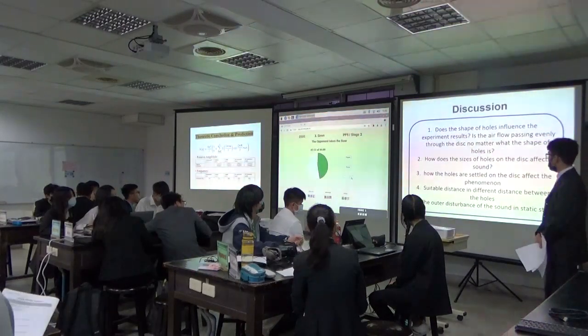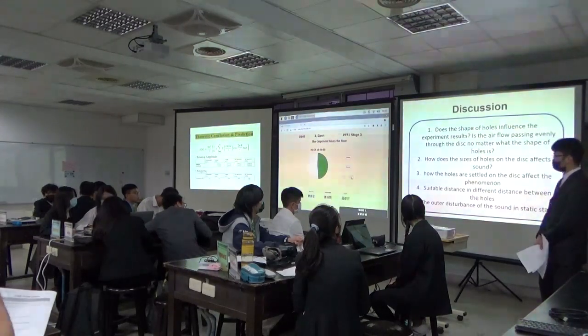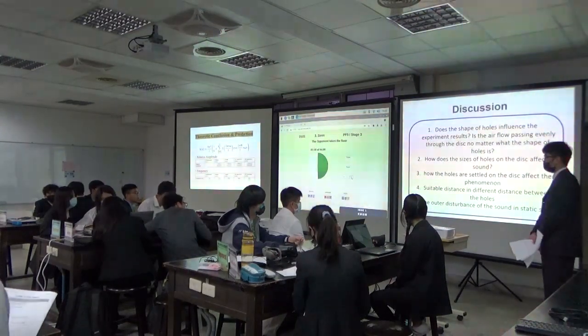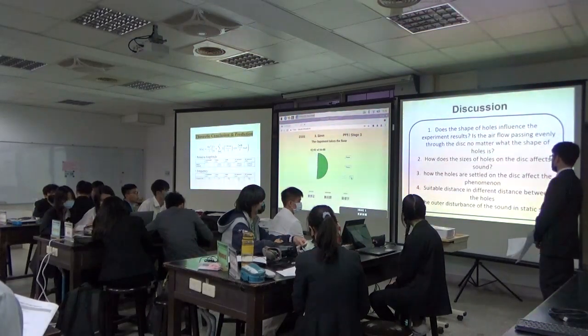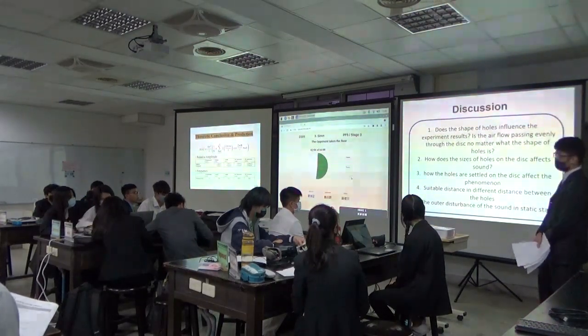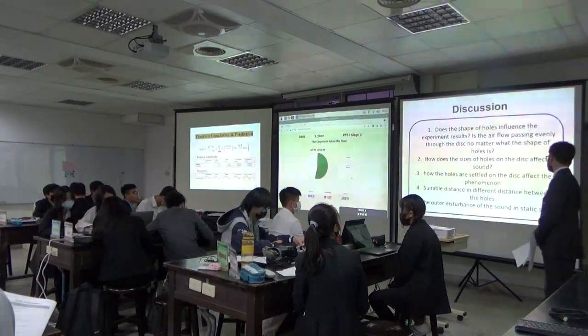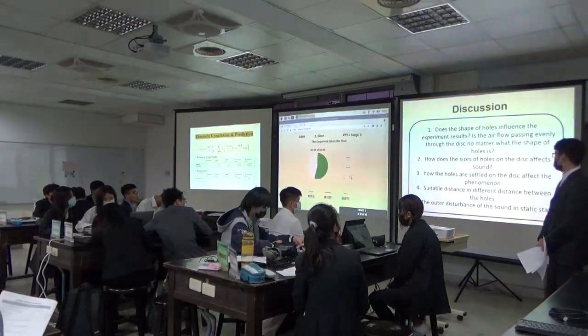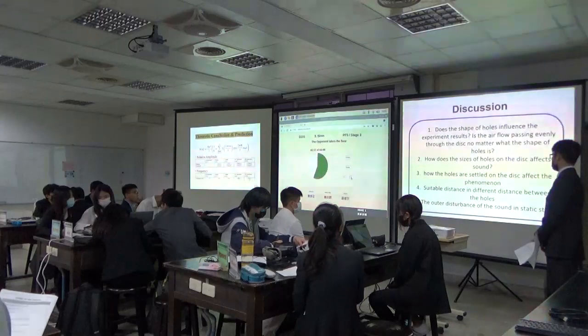And second, how does the size of the hole on the disk affect the sound? For the reporter, only the size of the hole is controlled. What will be the result when we have different sizes of holes on the disk? And the third question is how the holes are set up on the disk affects the phenomenon.